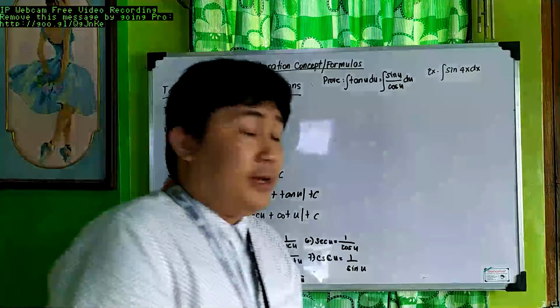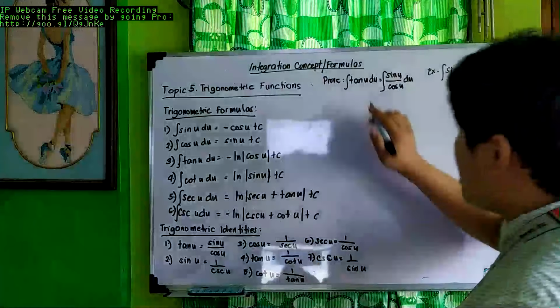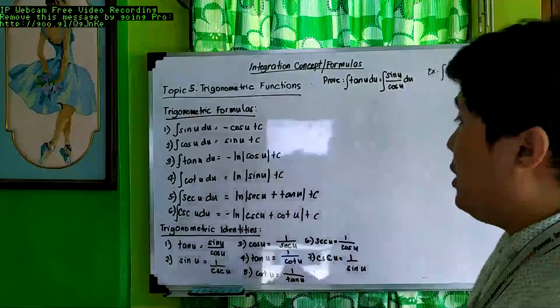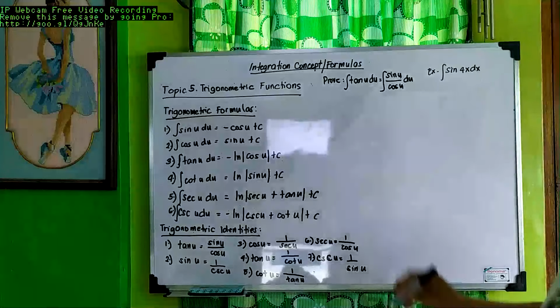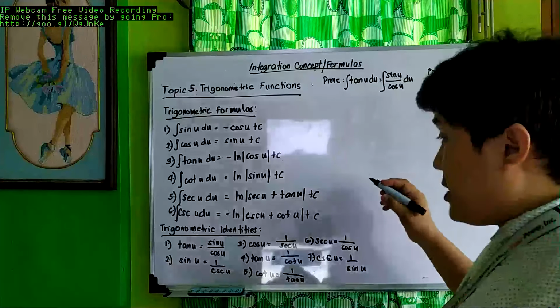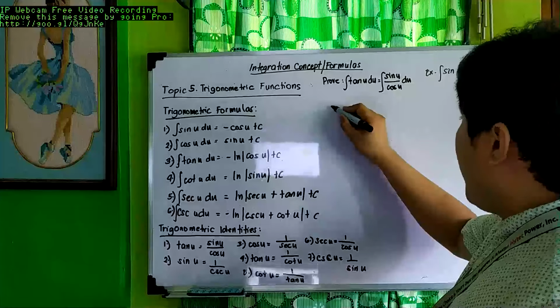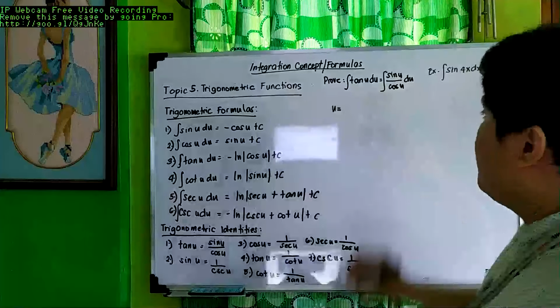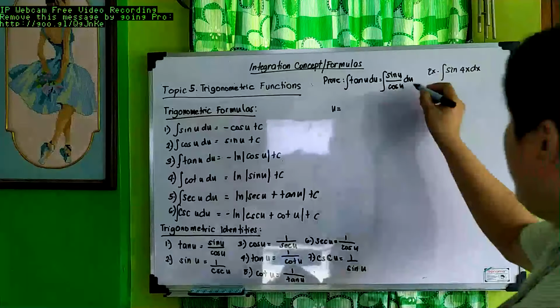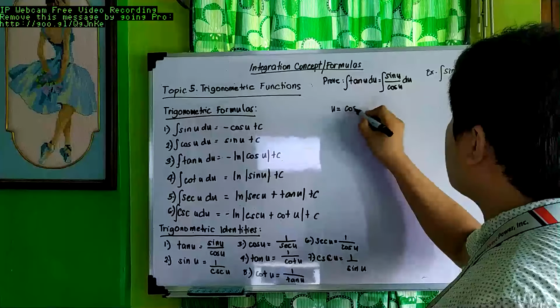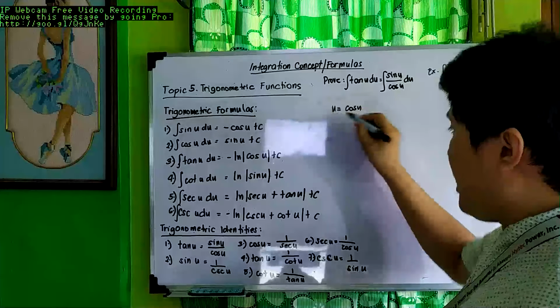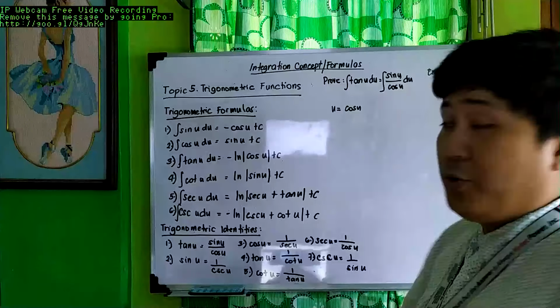Let's try. Okay. So tangent u, we know that this is equal to negative ln cosine u. So here we'll have our u. Our u will be cosine u because the answer is logarithmic.